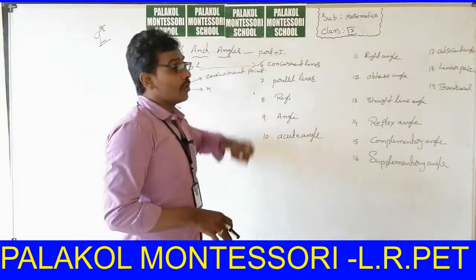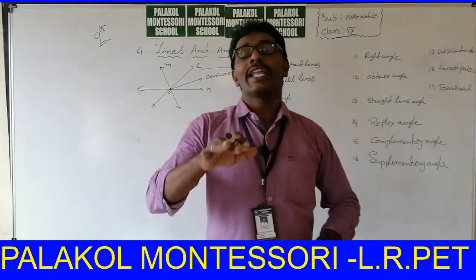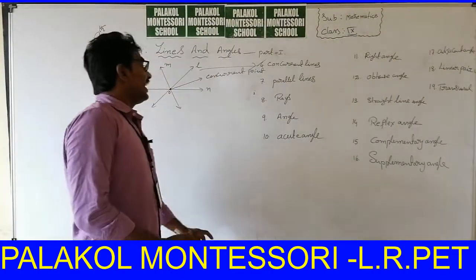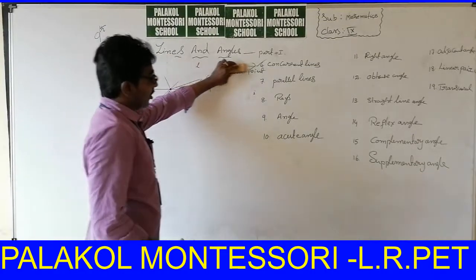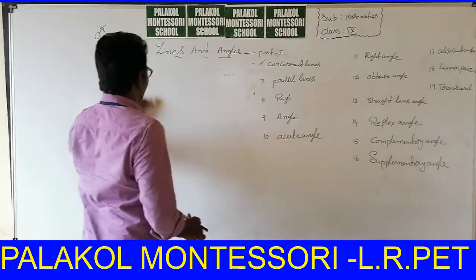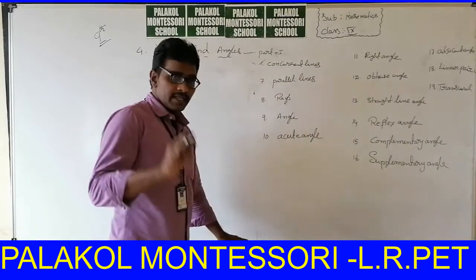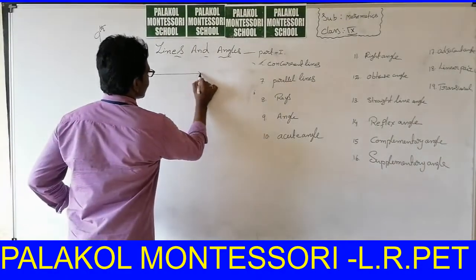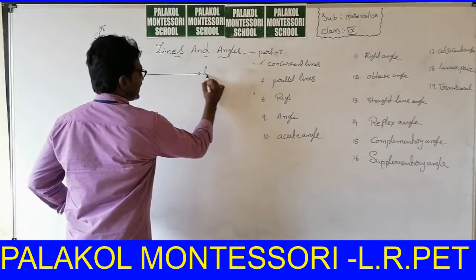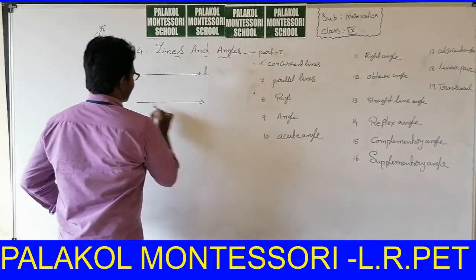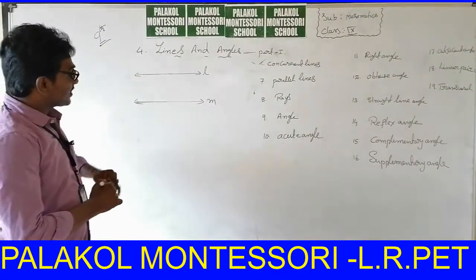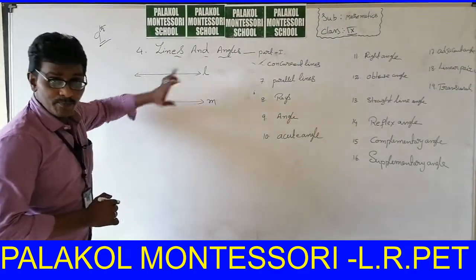Next one, parallel lines. One more name is there: non-intersecting lines. Why is it called non-intersecting lines, guys? Please guess it. Yes, good. Why? Because you take 2 lines on the plane, one is L, another one is M. The 2 lines do not intersect at any point.